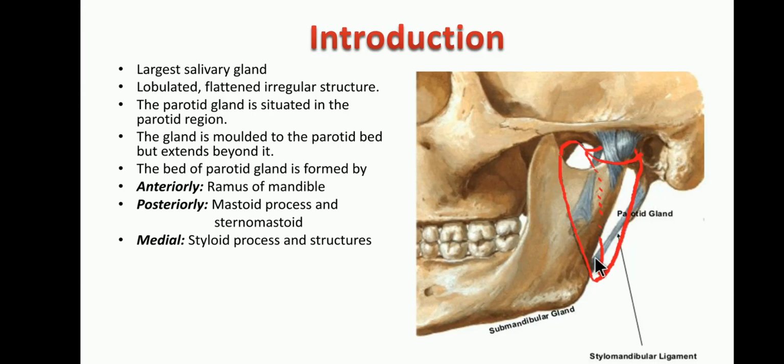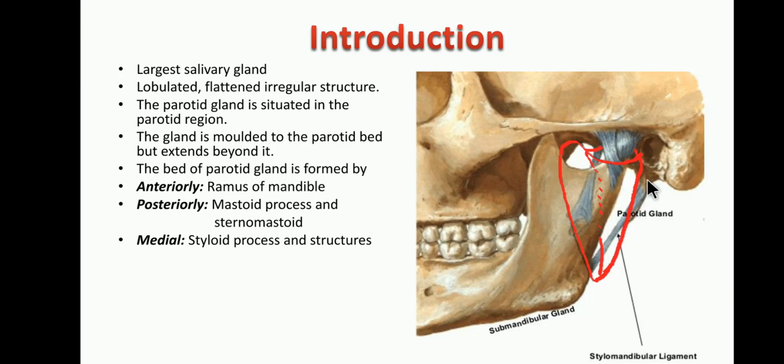Two ligaments. One you are able to see. Again, I will be mentioning this ligament, the stylomandibular ligament, which extends from the styloid process to the angle of the mandible. It is a modification of the investing layer of deep cervical fascia.